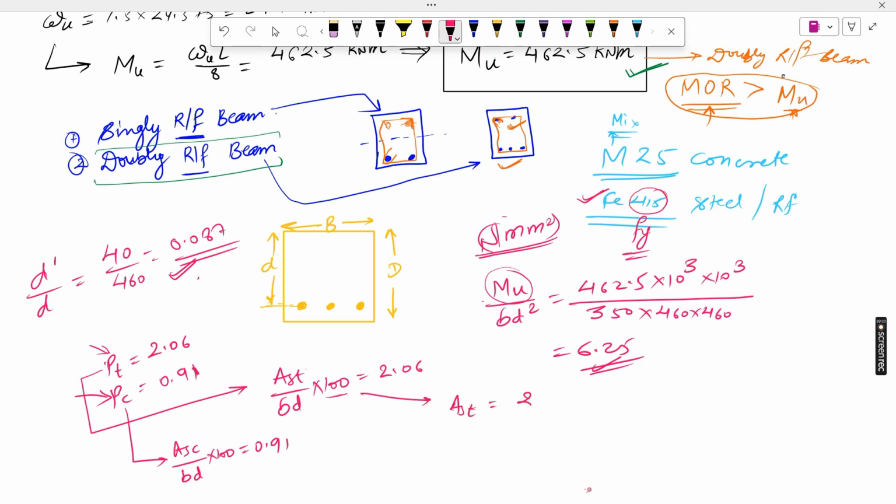AST is 2.06 multiplied by B, which is 350, D which is 460, divided by 100. And you can get ASC from here too, using 0.91, 350, 460 by 100.